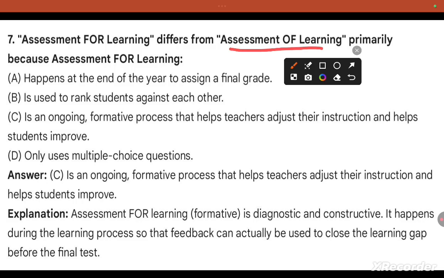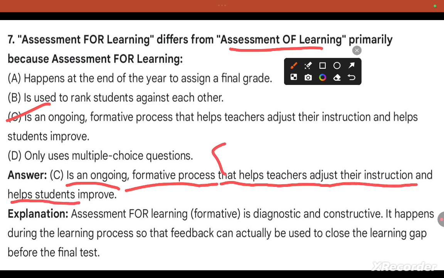Your question is, first of all, how does assessment for learning differ from assessment of learning? Primarily because assessment for learning is focusing on what? So here the answer is option number C. It is an ongoing and formative process that helps teachers adjust their instruction and helps students to improve.